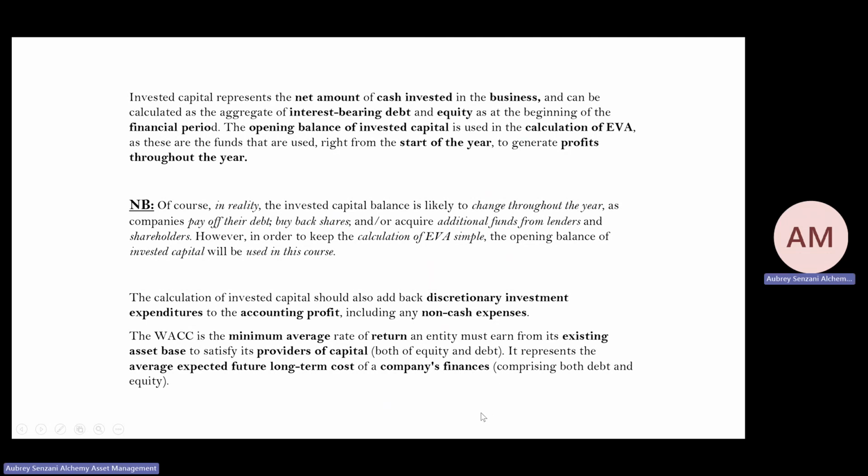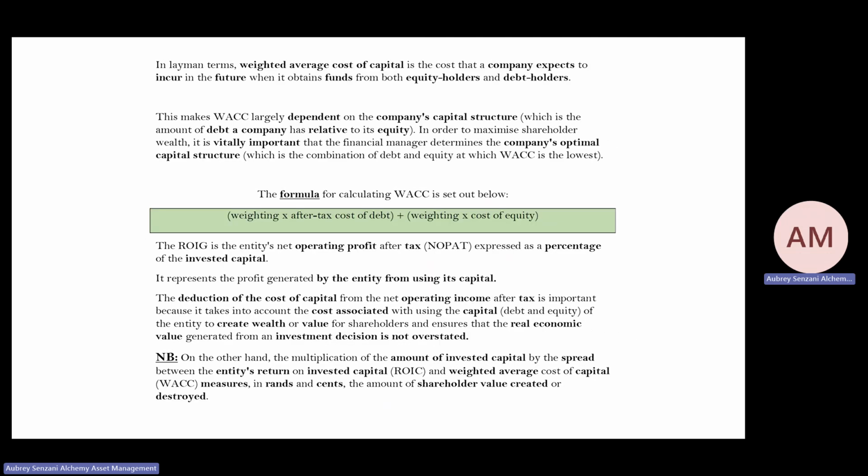And this is when we are talking about capital financing, that is a combination of both debt and equity. In the center of the slide, you can see the actual formula for calculating your weighted average cost of capital.